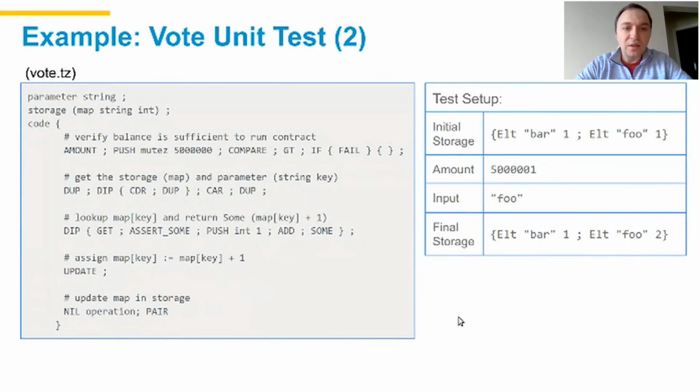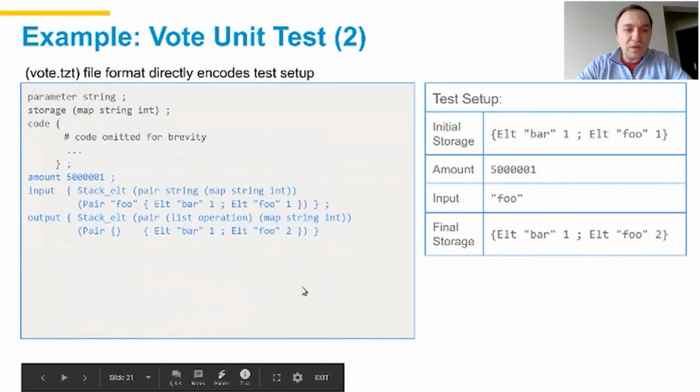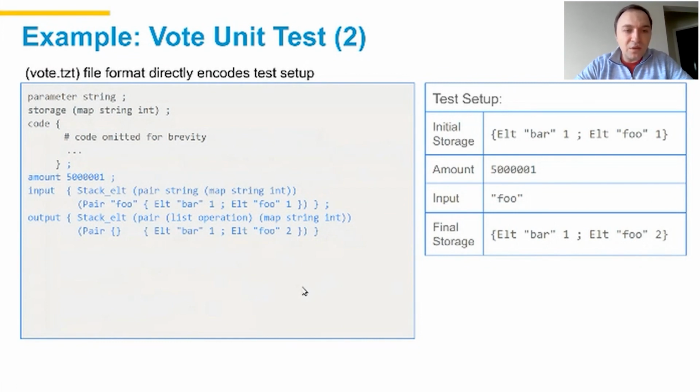So how can we do that? Basically, we keep the code as it is, but we can append some extra fields. These aren't valid Michelson, so this isn't actually a TZ file anymore. We call it a TZT, for TZ test. This file format was developed in collaboration with Nomadic Labs, and it allows you to specify your test parameters in line with your source code.